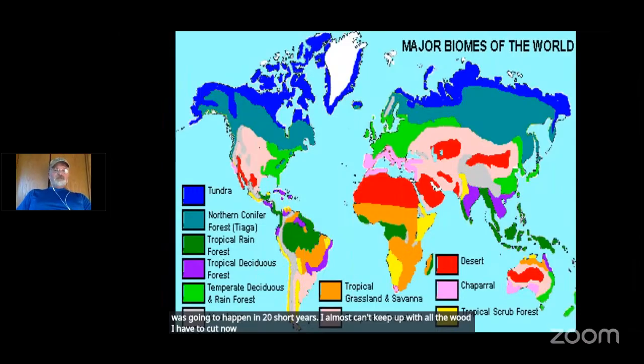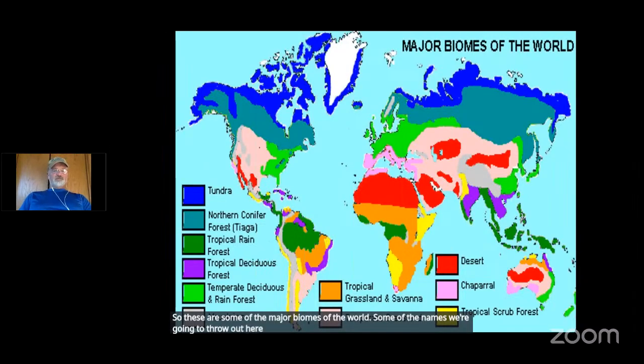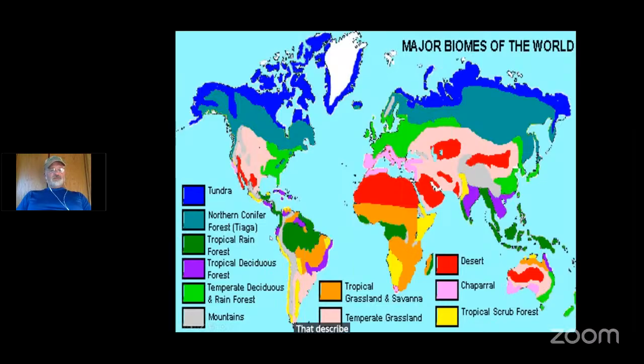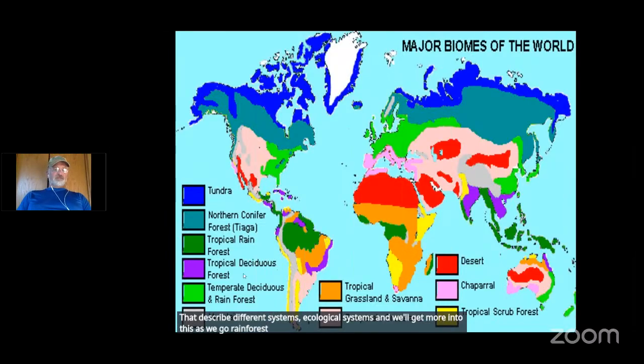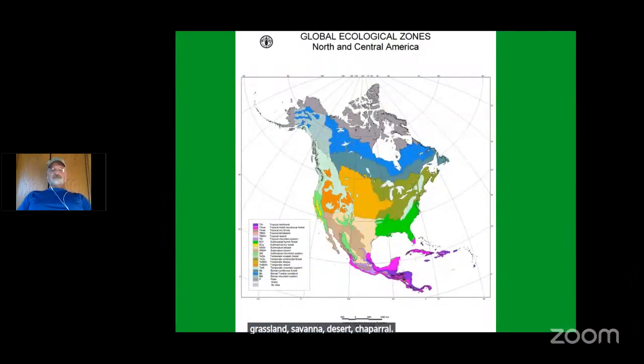So these are some of the major biomes of the world. Some of the names we're going to throw out here: tundra, northern conifer forest, tropical rainforest. These are some basic terms in ecology that describe different systems, ecological systems, and we'll get more into this as we go. Rainforest, tropical rainforest, deciduous forest, grassland, savanna, desert, chaparral, scrub forest.